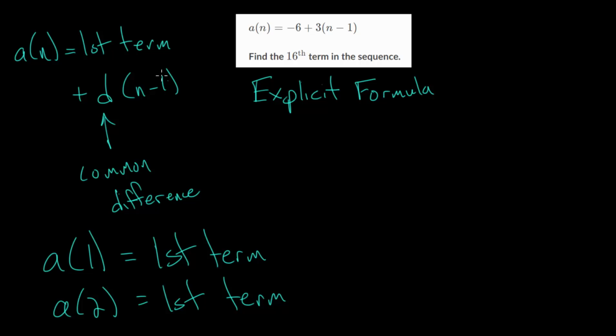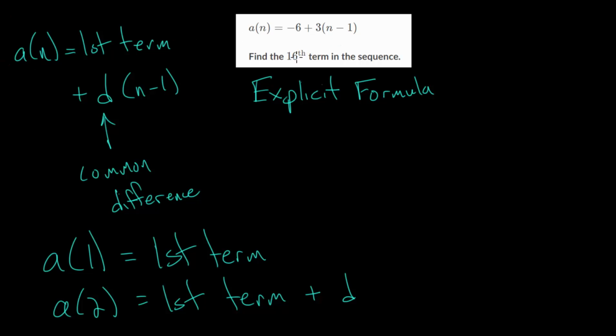Since notice, 2 minus 1 is 1, so you get plus d, plus that common difference. So the third term, you add the common difference twice. The fourth term, you add the common difference 3 times. So it has to be d times n minus 1. You're going to add that common difference one less time than the number of terms you're looking at.